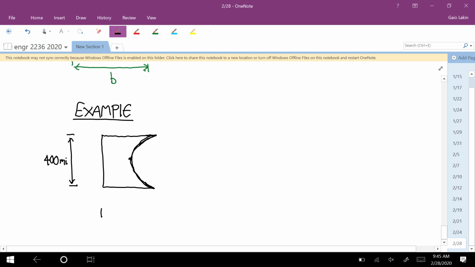We'll say this is 400 miles. And so the way we're going to get this is, you can think of this as a square with a side length of 400 miles, and we've removed a semicircle from it. So this semicircle has a radius of 200 miles.